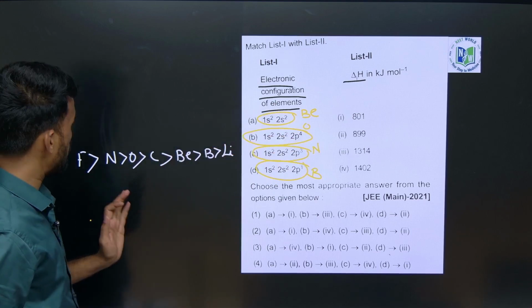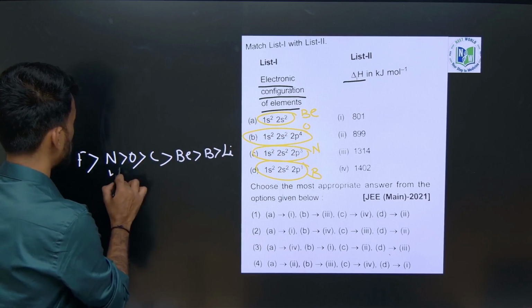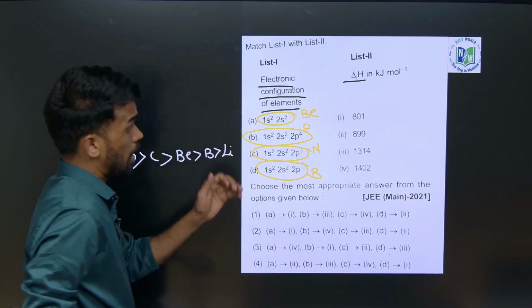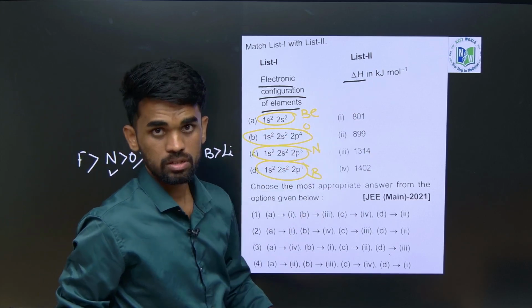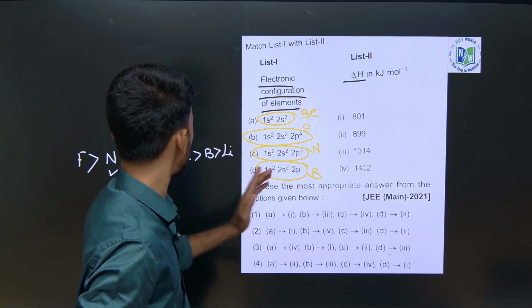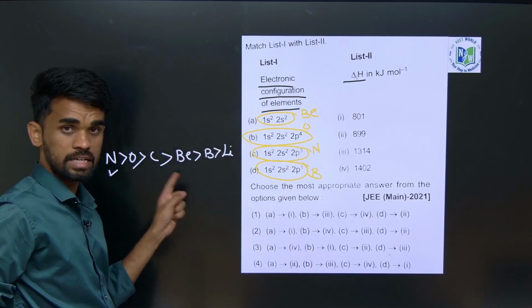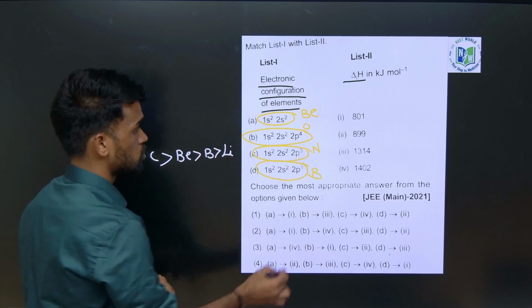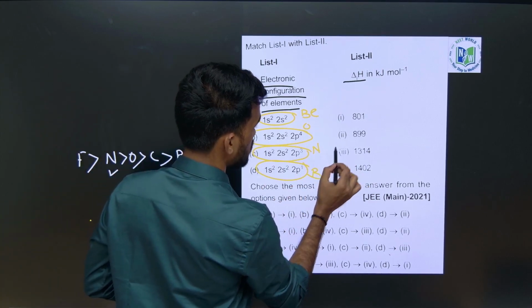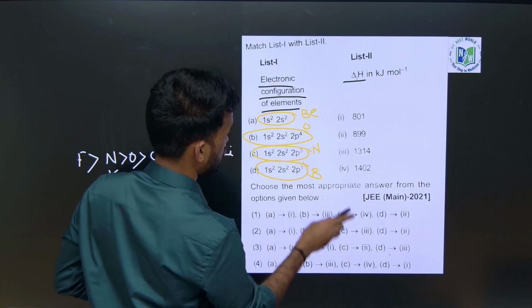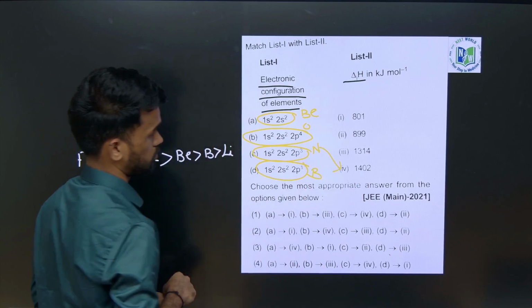The maximum value should be for nitrogen. Either you need to remember the exact values, or you follow this trend and match them accordingly. So nitrogen you can match to the maximum number, that is this one.